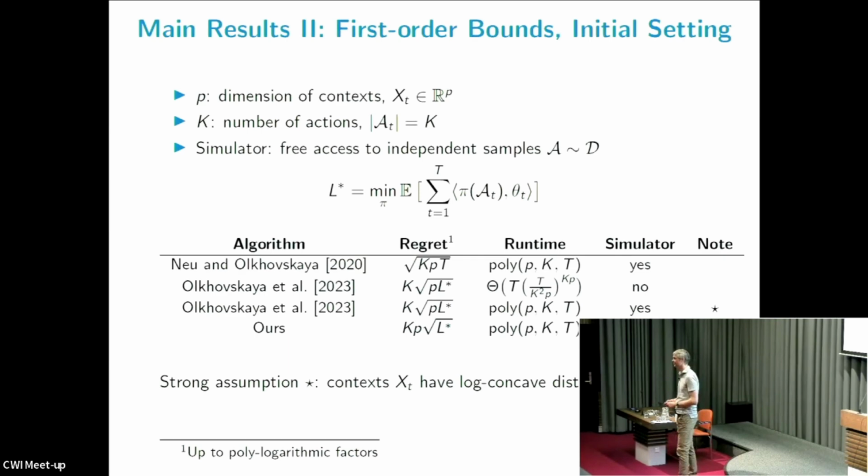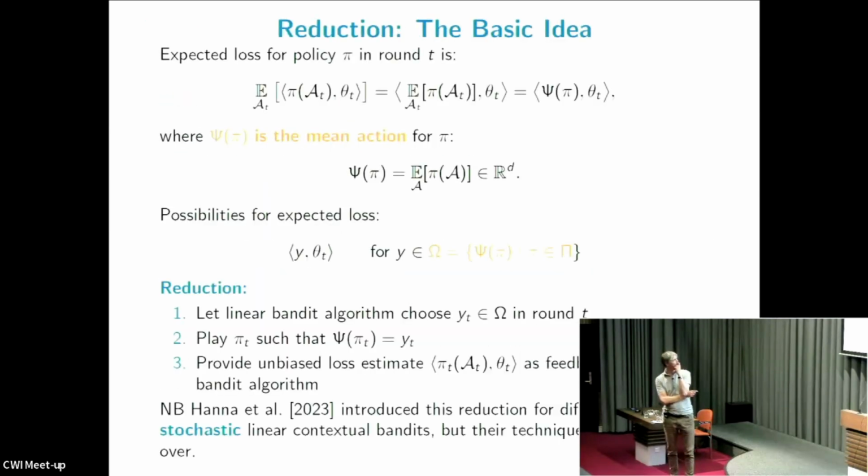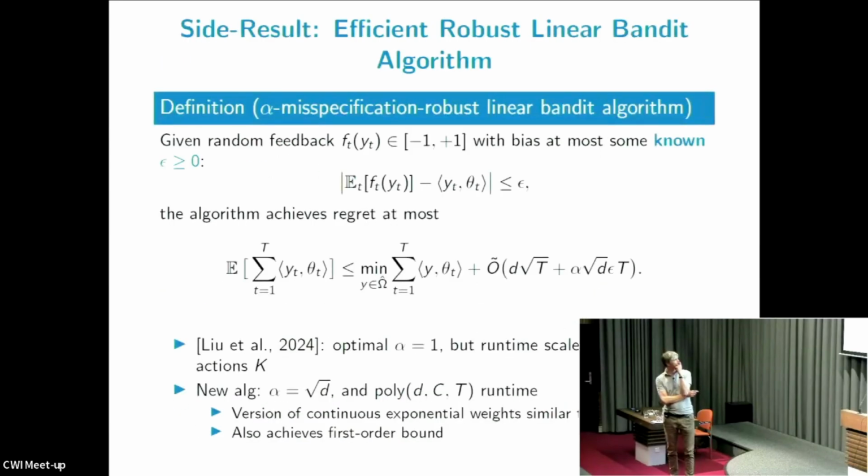I had one question about the square root of d for alpha. What's the hardness in there? Because you said order of 1 is achievable, but there's some computational issue. Yeah, that's a good question. This I actually don't know why.